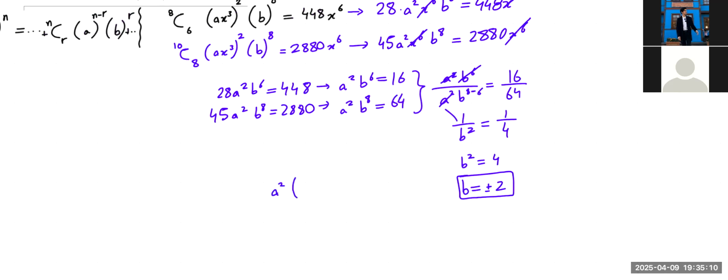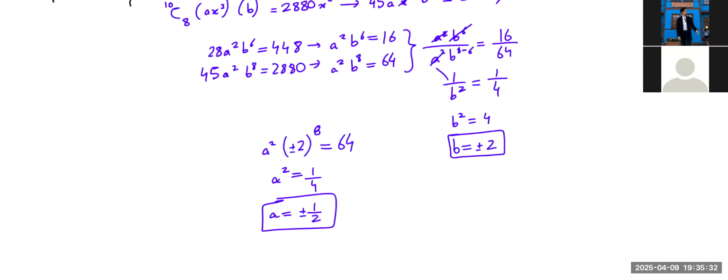So a squared times plus or minus 2 to the power of 8 equals 64. Regardless of whether it's plus or minus, to the power of 8 will make it positive anyway. 64 divided by 2 to the power of 8 gives me 1 over 4 again. So a squared is 1 over 4, which means a is plus or minus 1 over 2. So any combination of these works.